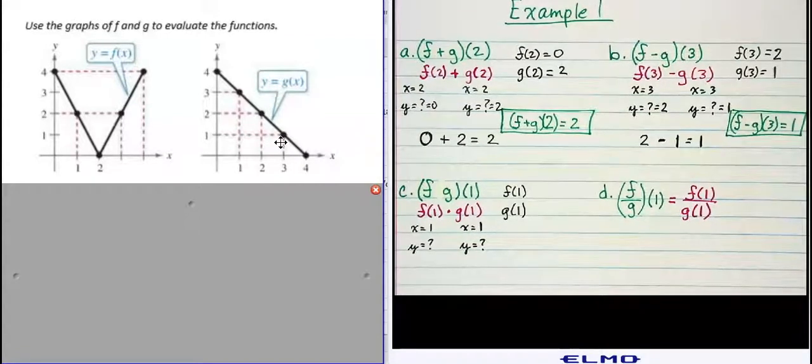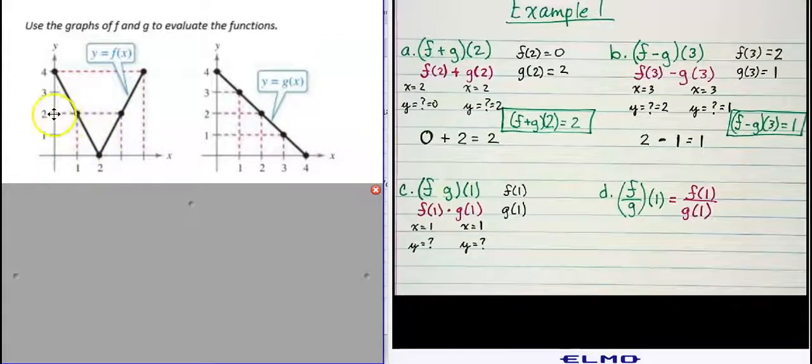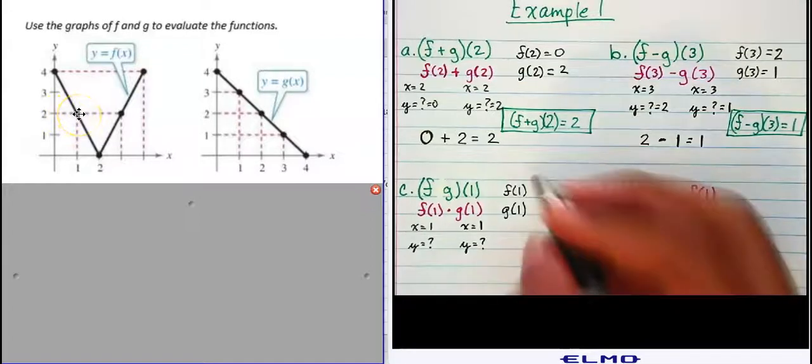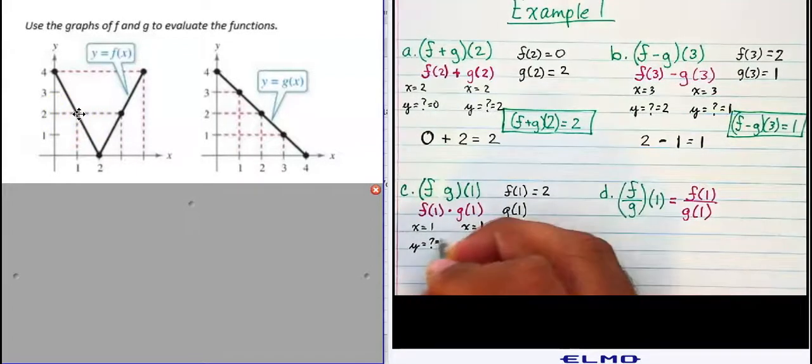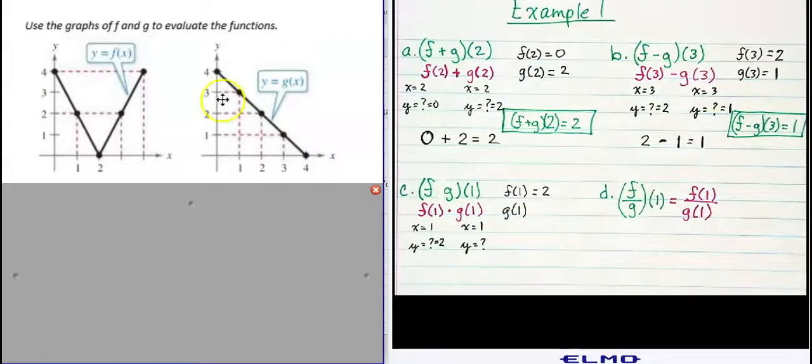All right, so here, when we look at the f of x function, when x equals 1, your y value is 2. Right? And then g of x, when x equals 1 here, your g function goes to y equaling 3.